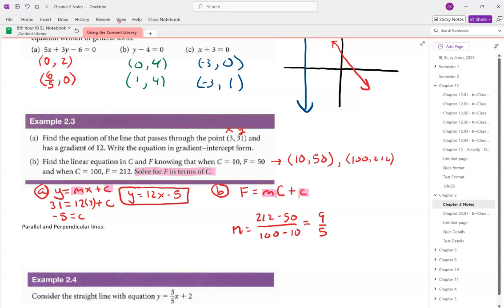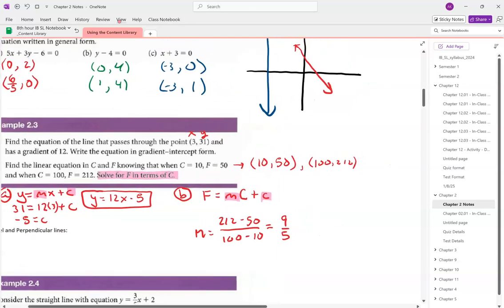You guys could all do that quickly in your head, right? There was a clue in the problem how I knew that was going to be what it was, by the way. I already know the answer to this without actually doing the problem, just because of the numbers it gave me. All right. So now what do I do to solve for the y-intercept?